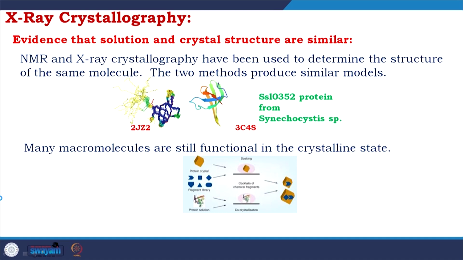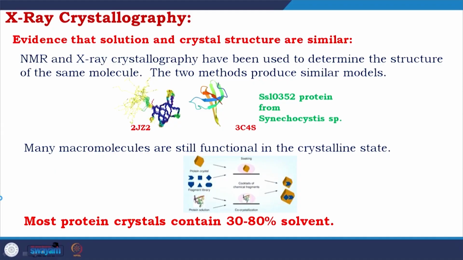When you do soaking, if your protein is an enzyme which could act on the substrate, and there is any color production or some assay, you will find that the enzyme is still active inside the crystal. And more importantly, most protein crystals, as I have told earlier, contain 30 to 80% solvent.